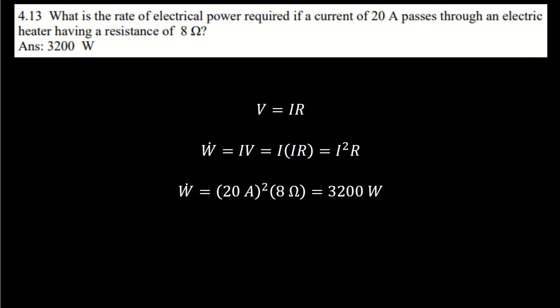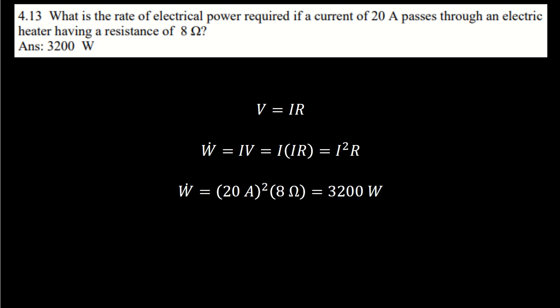The last two examples, we're almost done. What we have here is 4.13. That is, what is the rate of electrical power required if a current of 20 amps passes through an electric heater having a resistance of 8 ohms? Well, our work rate equation is current times voltage.